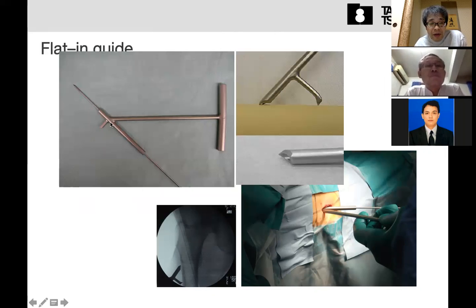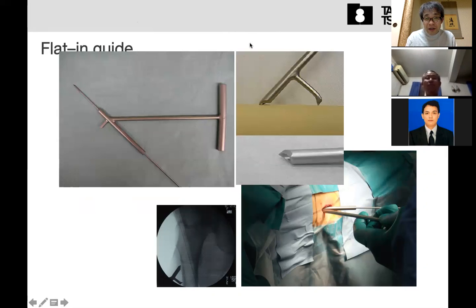I also devised this type of wire guide. So put two nails here and here. Then this angle comes to 135 degrees. This is the same angle between the side plate and the screw. And sometimes the pin head can be kicked by the hard bone of the femur.